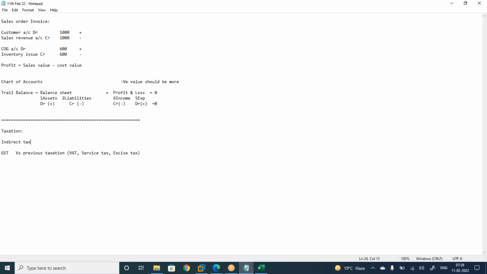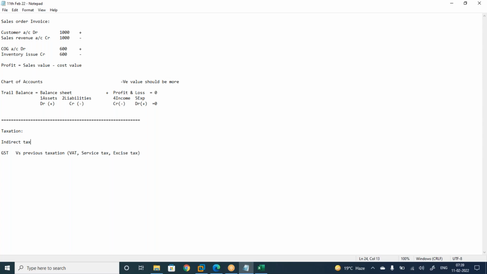And then VAT is the other way. It will be collected at every point, but at the same time, whatever they paid will be given a credit. For example, I'll give you a small example. Let's say you bought 10 computers today, and then you sold the 10.